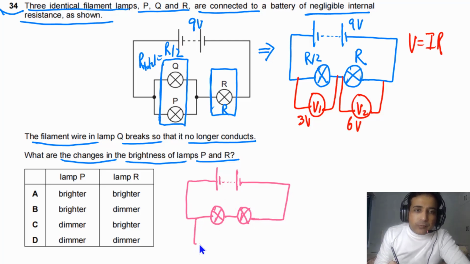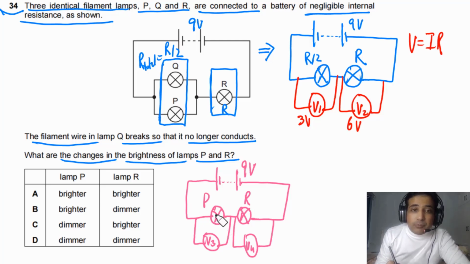If we connect voltmeter V3 across lamp P and voltmeter V4 across lamp R, and the EMF of the power supply is still the same, I hope you will say they have the same value of potential difference. The reading on this voltmeter will be 4.5 volts and the reading on this one also will be 4.5 volts.